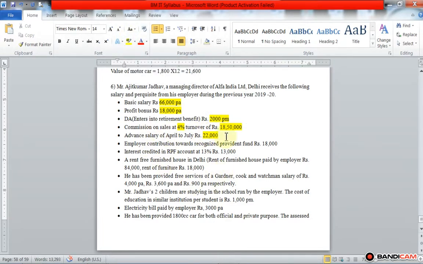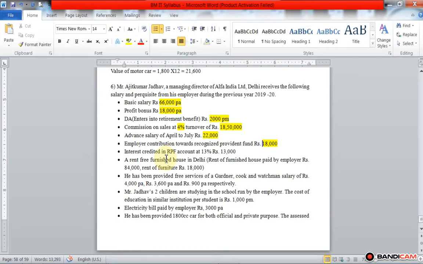Then employer contribution towards recognized provident fund 18,000. So we have to compute 12%. If this contribution is more than 12%, then up to 12% the contribution is exempted and the remaining contribution is taxable. So remember the tax treatment. Here a percentage is not given, so we have to compute the employer's contribution towards the employee's recognized provident fund.